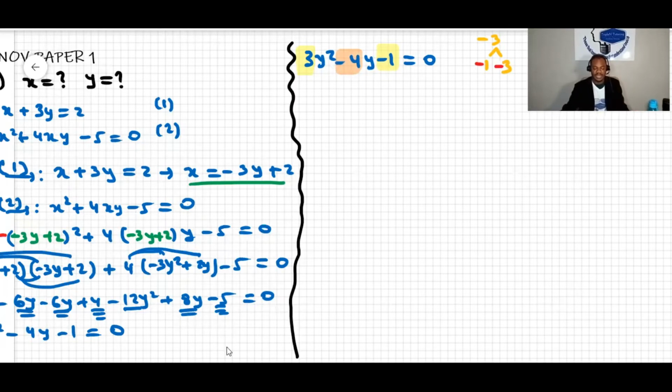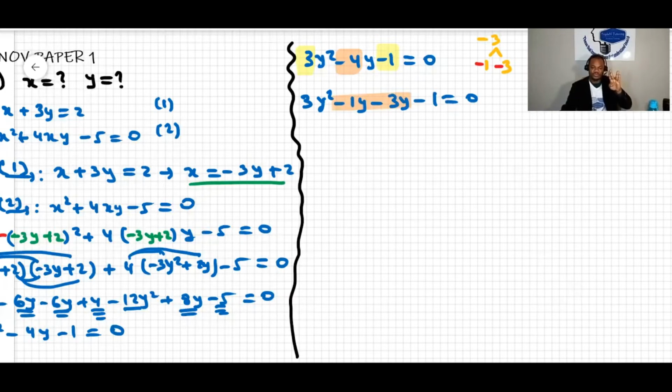Next, I'm going to break down the trinomial into 4 terms. I write 3y squared, and instead of -4y, I write -1y minus 3y minus 1 equal to 0, knowing that -1y minus 3y is just -4y. Now we have 4 terms, so I can factorize by grouping.